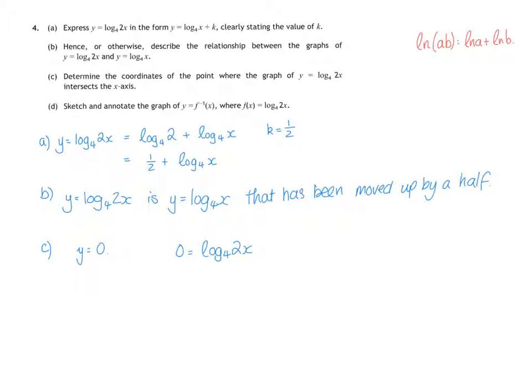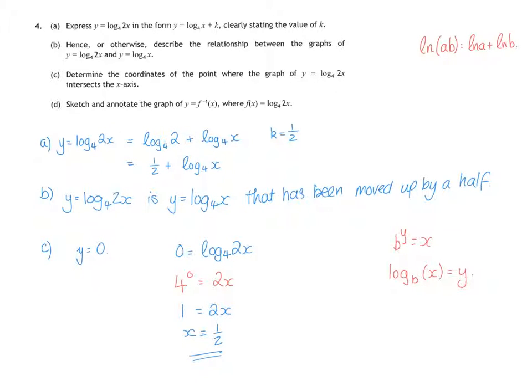Okay, and we can rearrange so we have our rules, and we know that if we have b to the y equals x, we also have log to the base b of x equals y. So we can rearrange a little bit using those two. So that's going to give us, our b is our 4, so we get 4 to the power of 0 is equal to 2x. So then we know that anything to the power of 0 is 1, so we get 1 is equal to 2x, so that means x has got to be equal to a half.